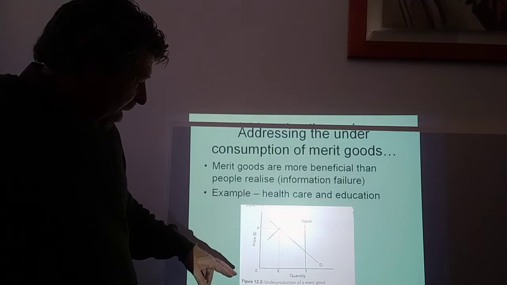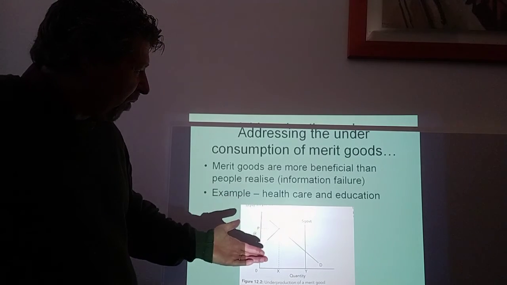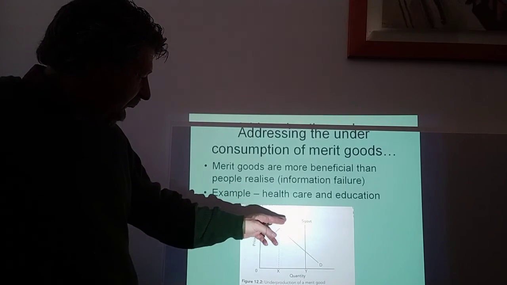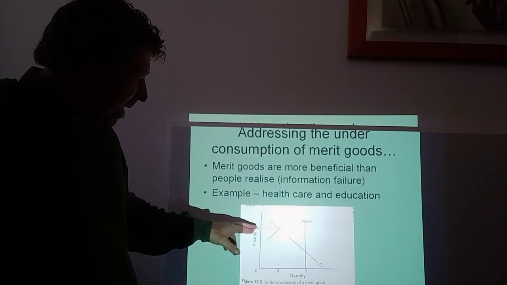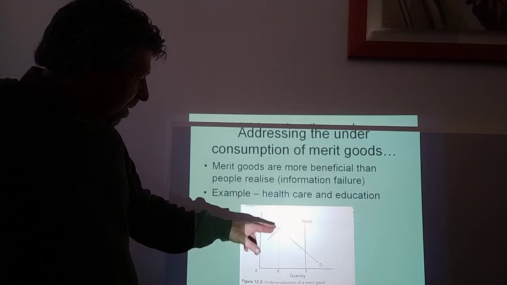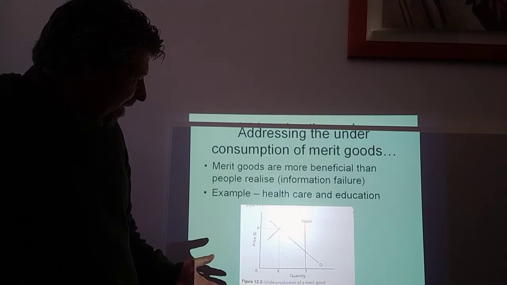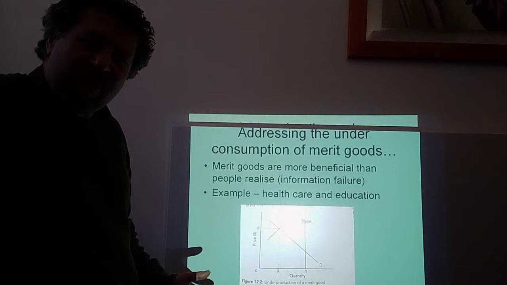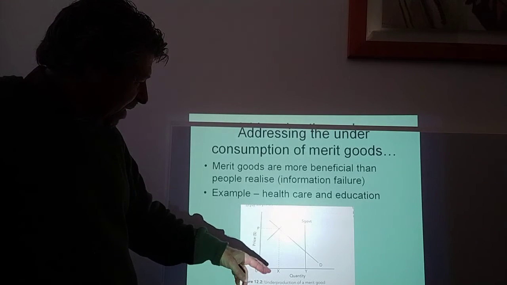Here we've got, maybe we can imagine a health situation where the market would be like this, the price very high, and many would not spend the money on preventing problems, vaccines, whatever. Maybe they take the risk.